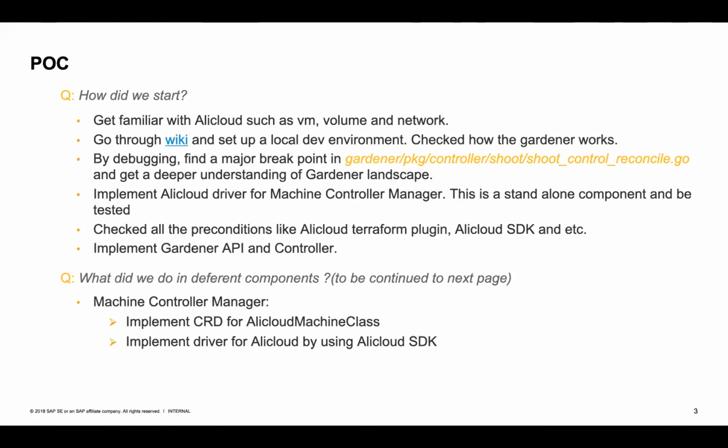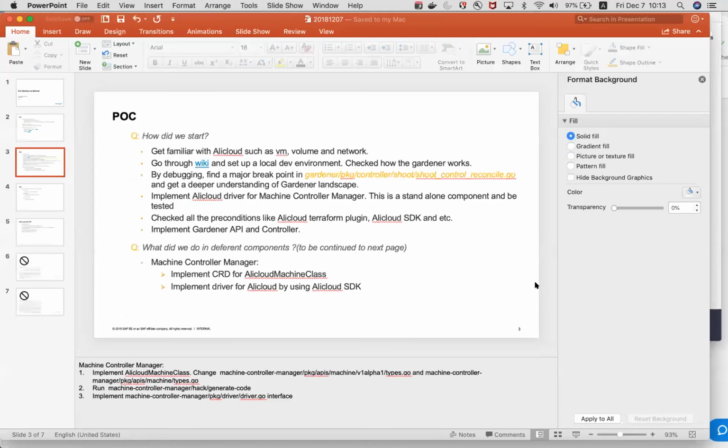That is to implement the driver for Alicloud by using the Alicloud SDK. I have a more detailed description on the slides. Later I will put them on our public space.